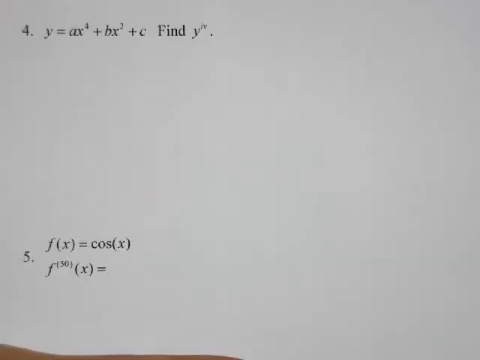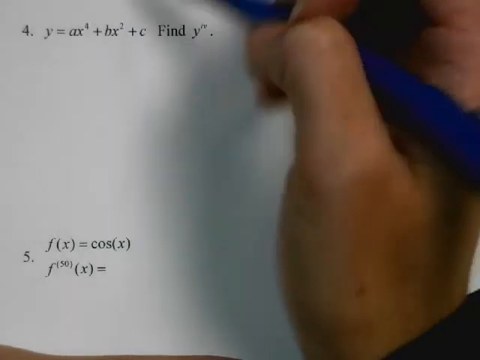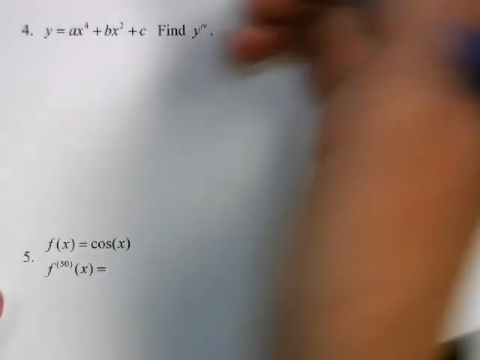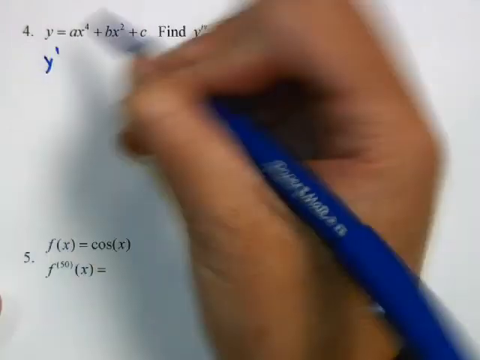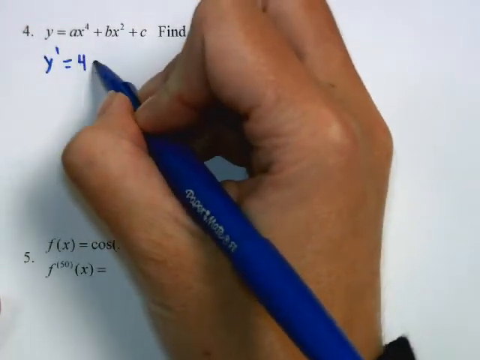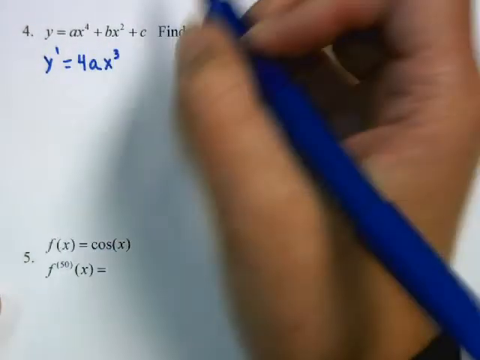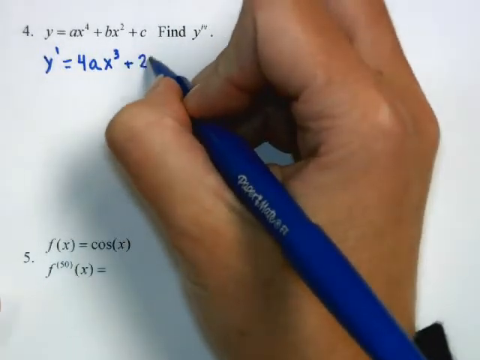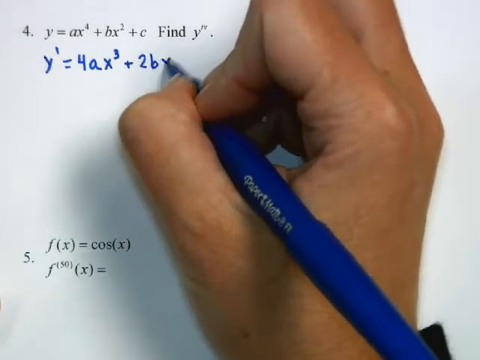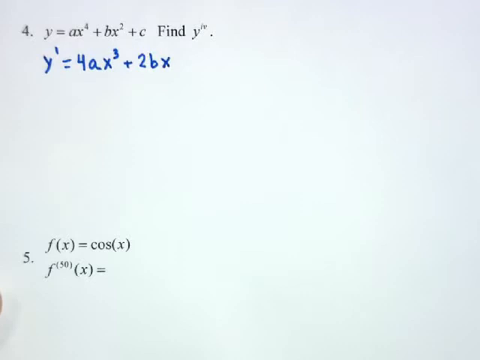Here we're going to find the fourth derivative of ax to the fourth plus 2bx plus c. So y prime is going to be 4a x cubed plus 2b x, and then the c is going to go away.